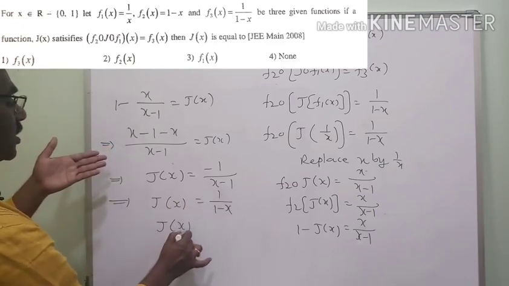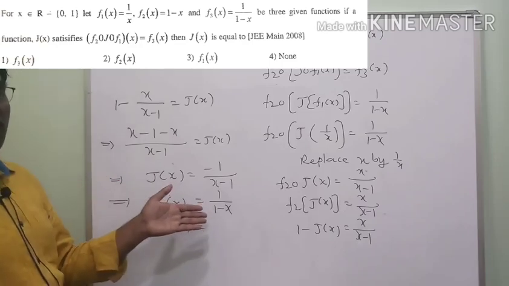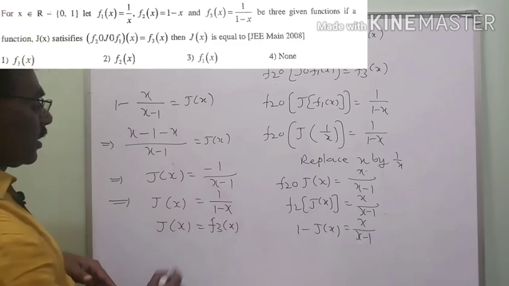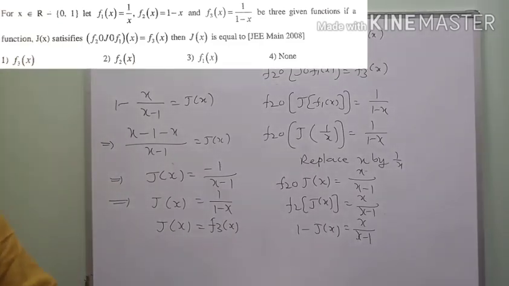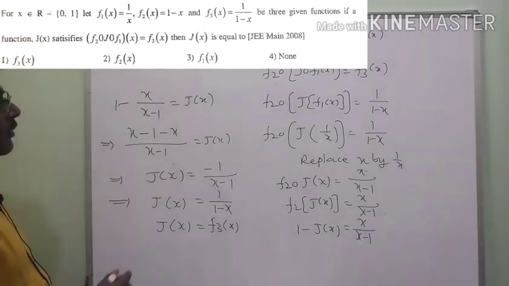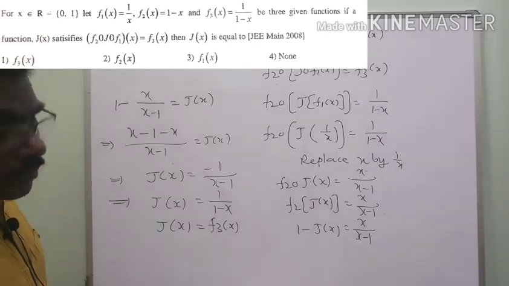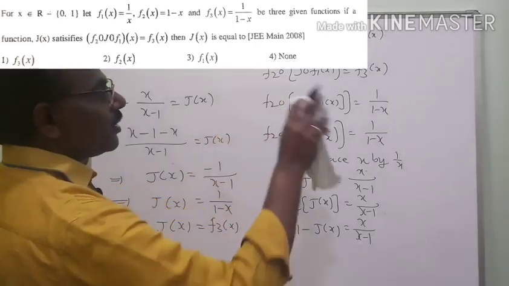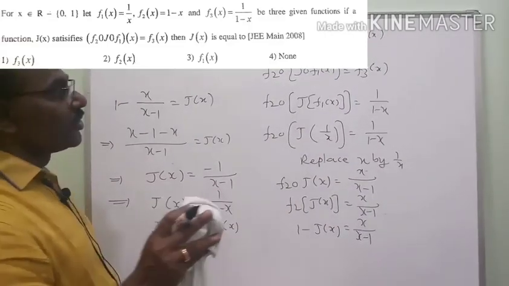So j of x is equal to 1 by 1 minus x, which is f3 of x. So the first option is correct. Only twice you have to write composition functions.